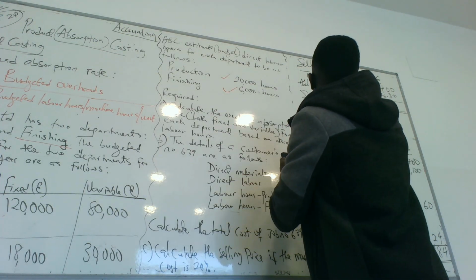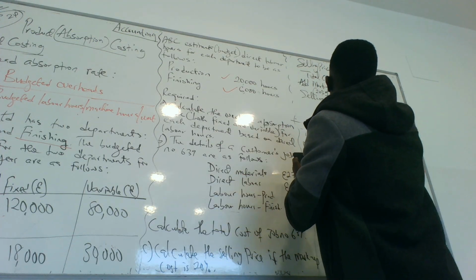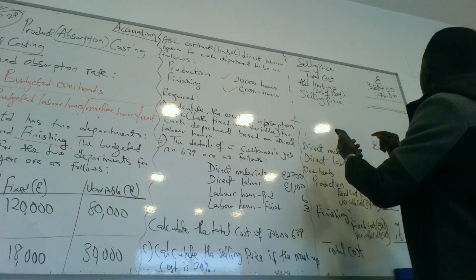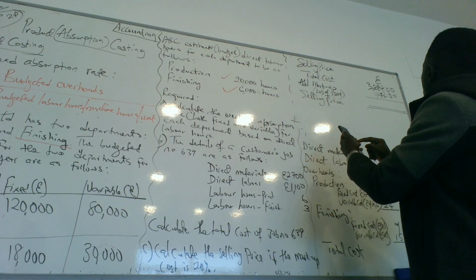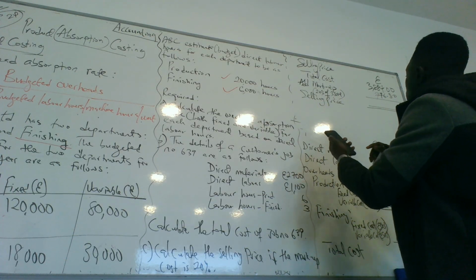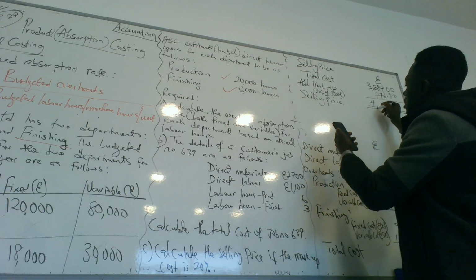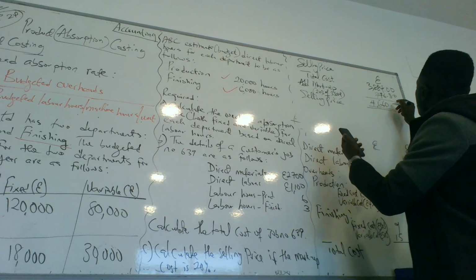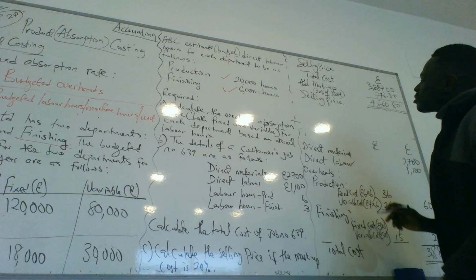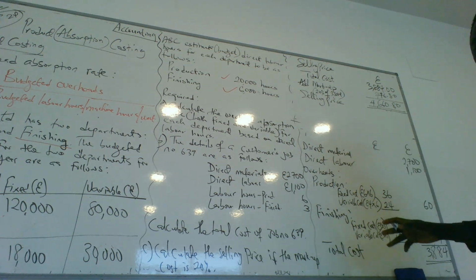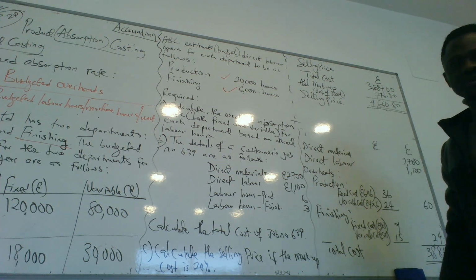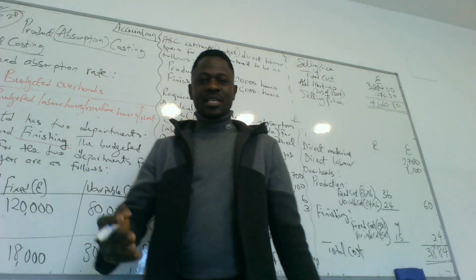The selling price is 3,884 plus 776.80, which is 4,660.80. So that's how to calculate the selling price, the total cost, and overhead absorption rate. Thank you and see you in the next class.